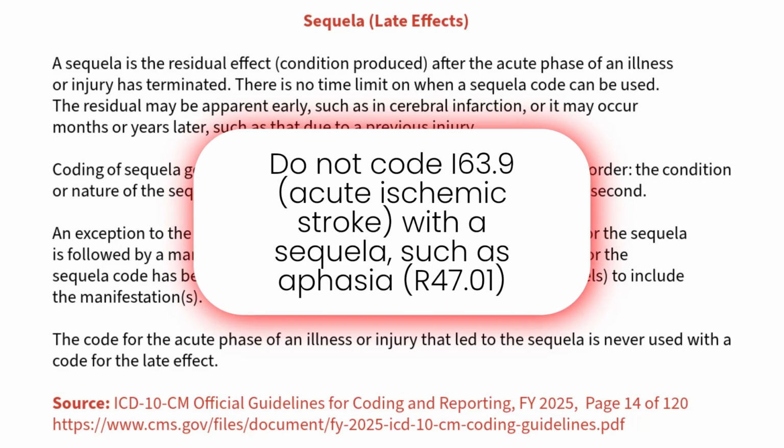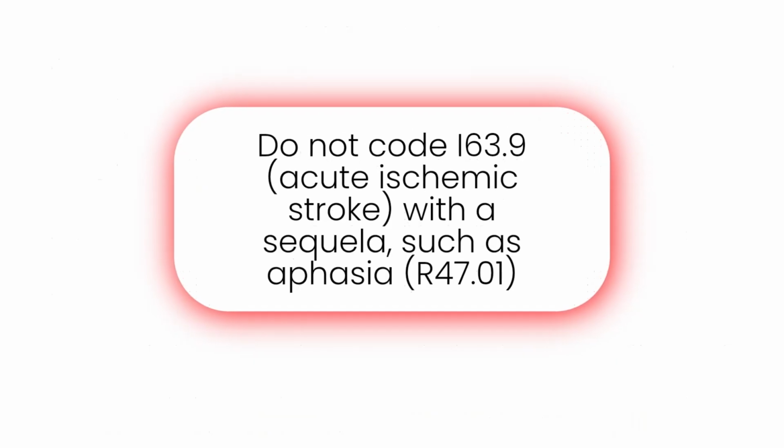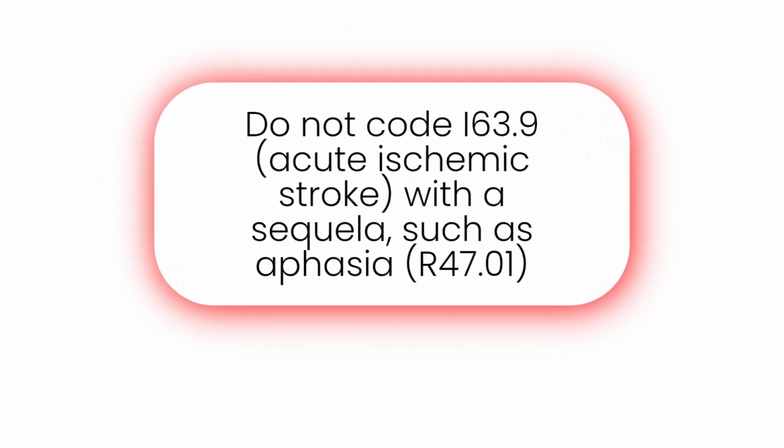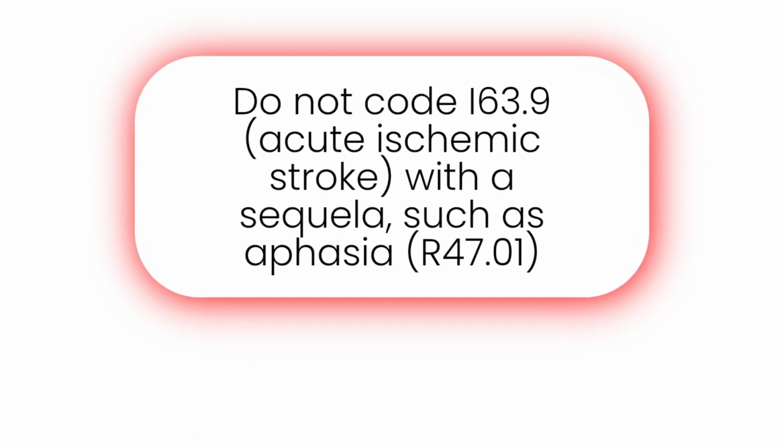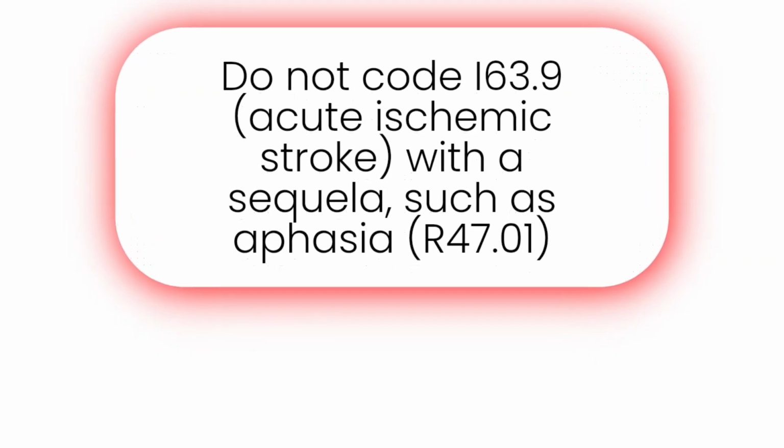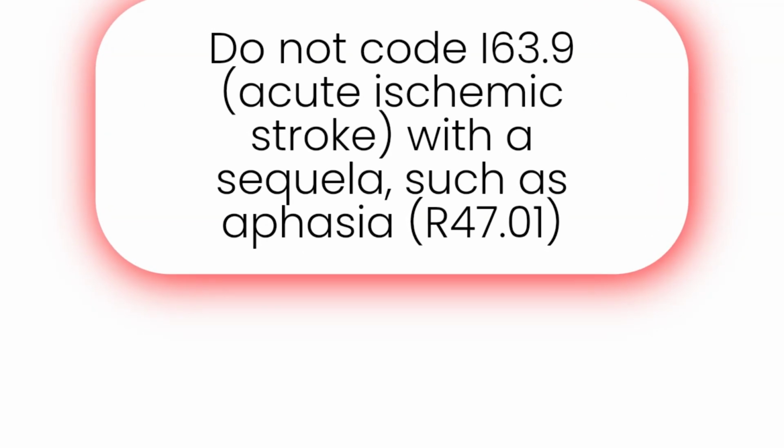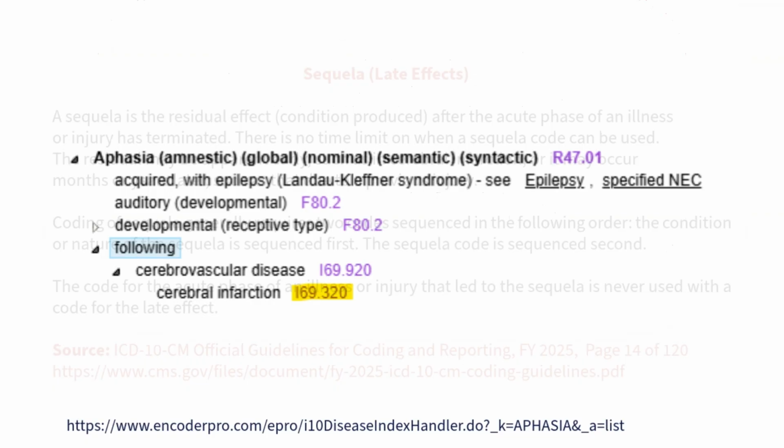And what this means is simply you would not assign an acute ischemic stroke I63.9 with the sequelae of a stroke like aphasia. So you would instead locate the code in your ICD-10 book or other computer-assisted coding program for aphasia following a cerebral infarction as shown in the example here.